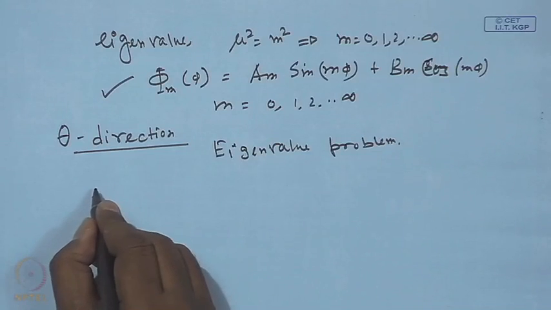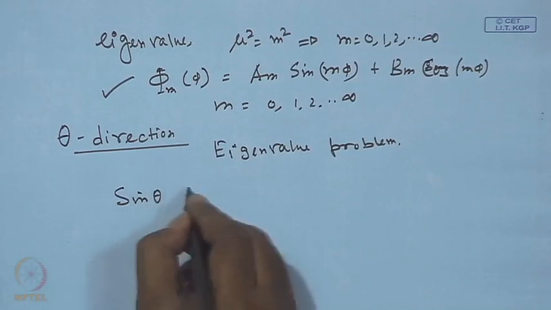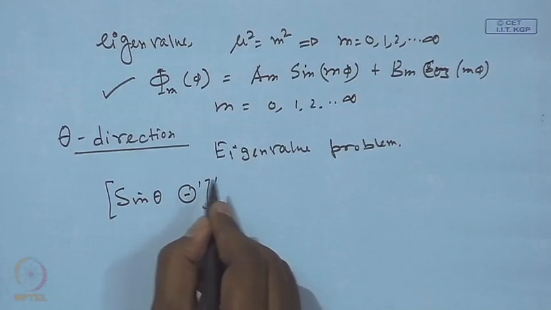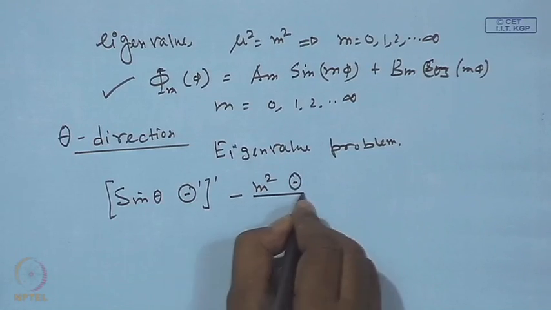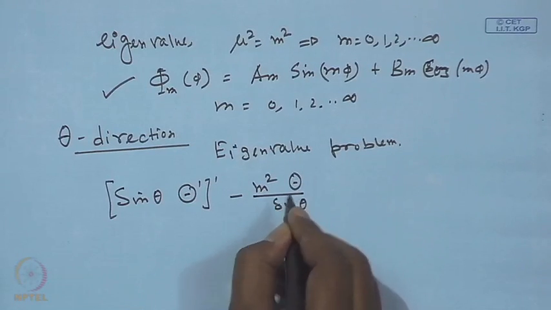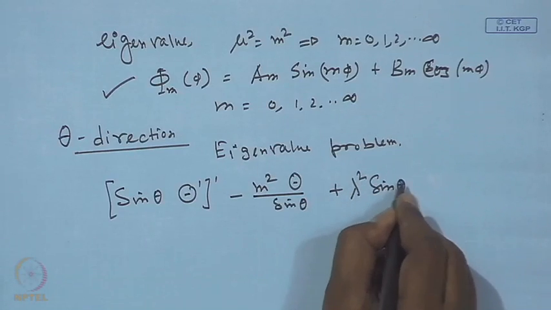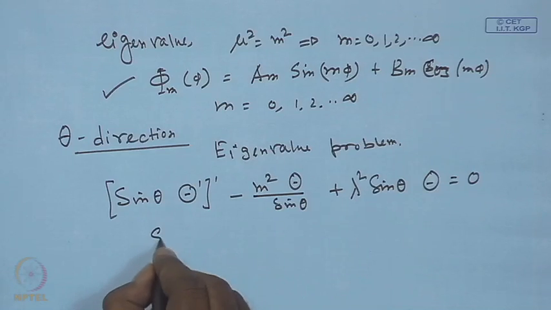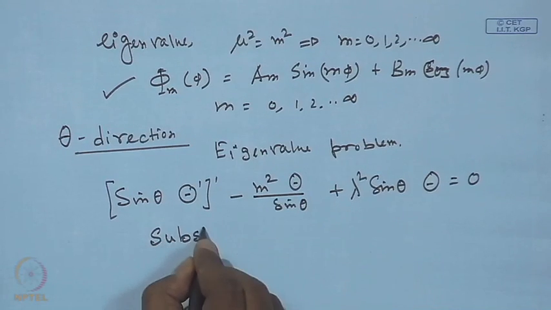If you write it down, this becomes (sin theta Theta')' minus m square Theta divided by sin theta plus lambda square sin theta Theta is equal to 0. This is the equation that we will be getting.